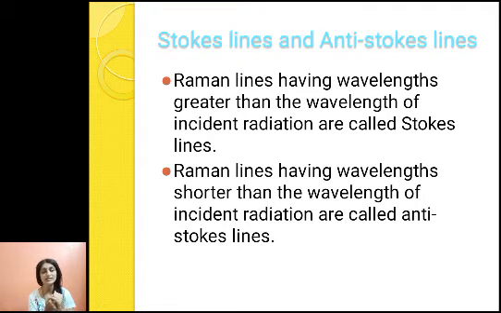You can define them in terms of frequency too, since frequency and wavelength are inversely proportional. A Raman line having frequency less than the frequency of incident radiation is called a Stokes line. A Raman line having frequency greater than the frequency of incident radiation is called an anti-Stokes line. So remember, Stokes line means its frequency is less than the incident frequency, and anti-Stokes line means its frequency is greater than the incident frequency.